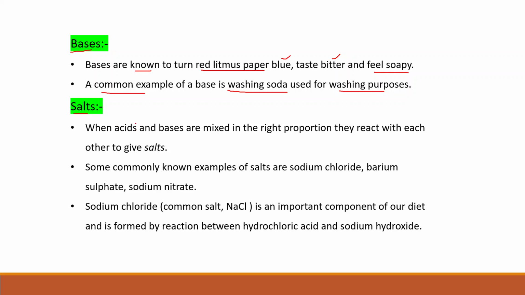Salts. When acids and bases are mixed in the right proportion, they react with each other to give salts. The reaction between acid and base is also known as a neutralization reaction. Some commonly known examples of salts are sodium chloride, barium sulfate, sodium nitrate.